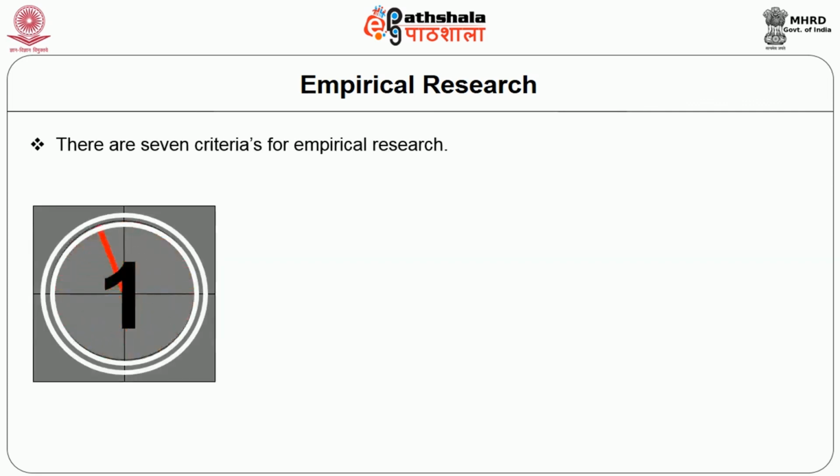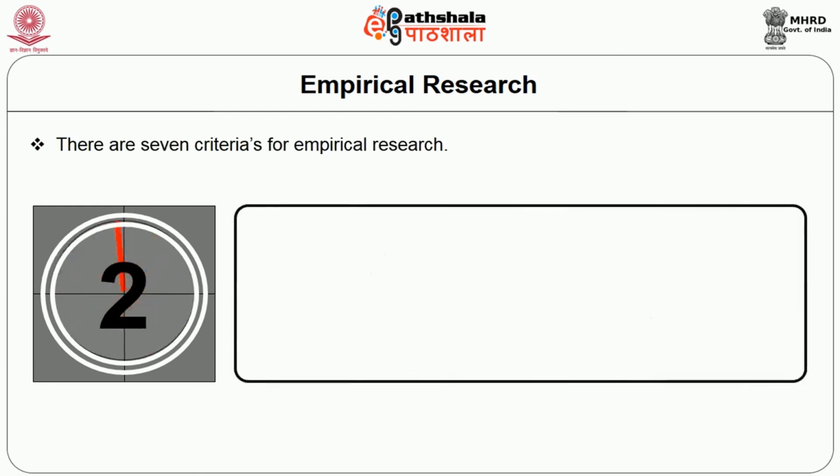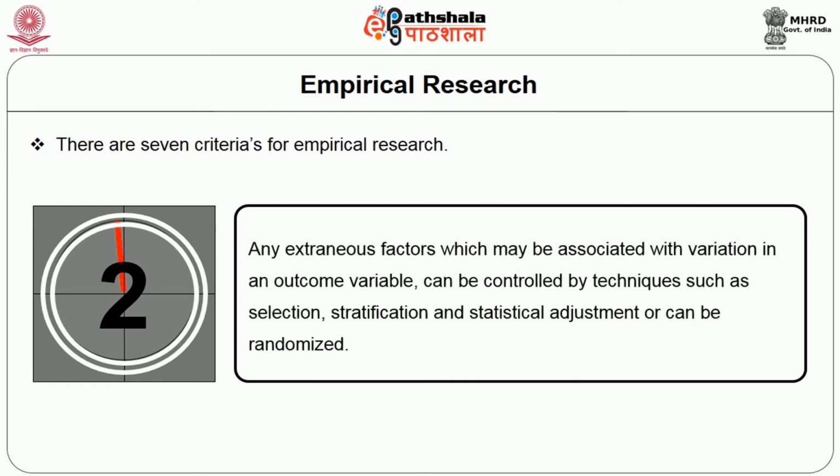Number 1, samples should be randomly selected from the target population and subjected to treatment. There is possibility for achievement of internal validity. Analysis of covariance, ANCOVA, can be used for high precision of experimental studies. The second one, any extraneous factors which may be associated with variation in an outcome variable can be controlled by techniques such as selection, stratification, and statistical adjustment, or can be randomized.